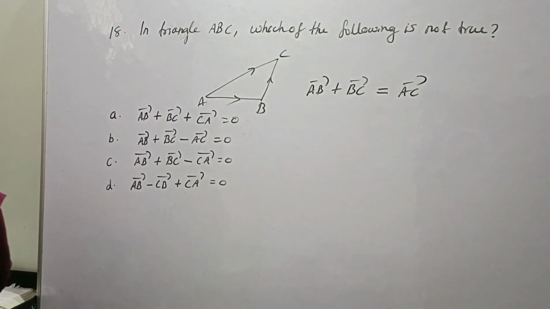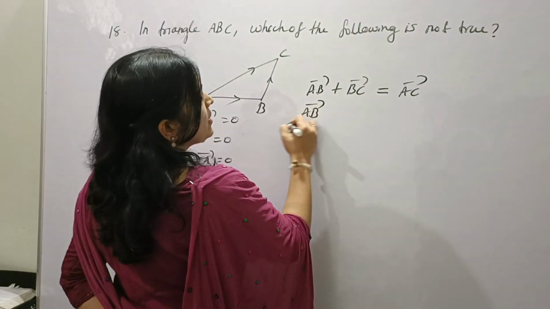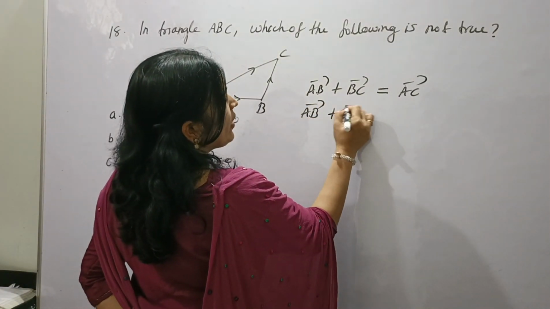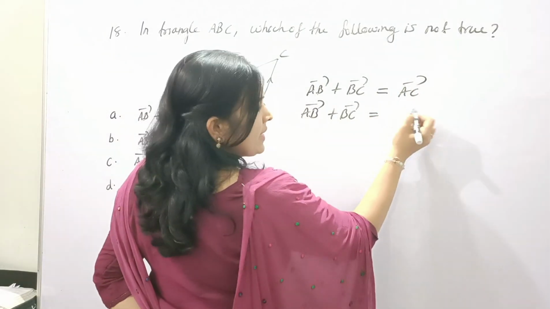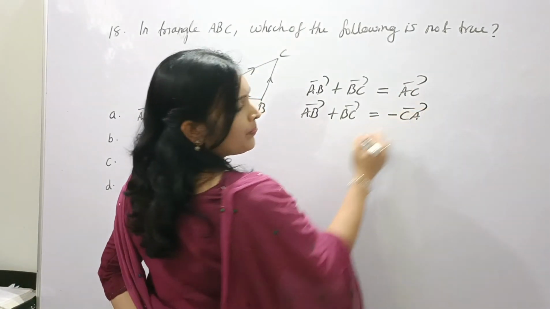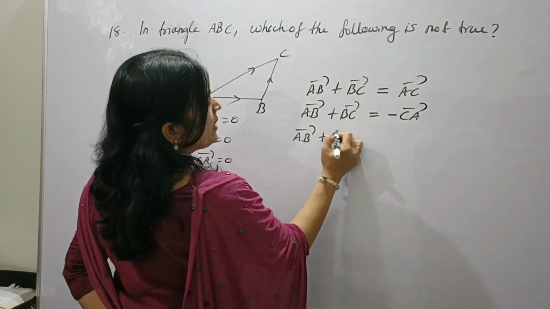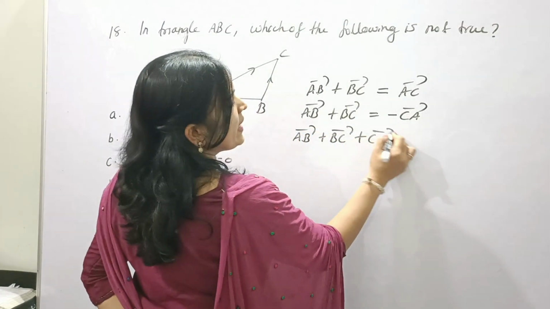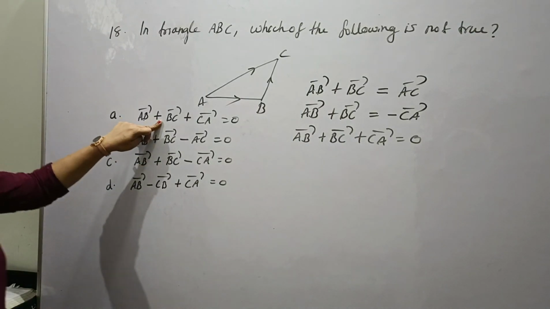We know that vector AC is equal to minus vector CA, right? So that implies vector AB plus vector BC plus vector CA is equal to 0. So it is correct, right?